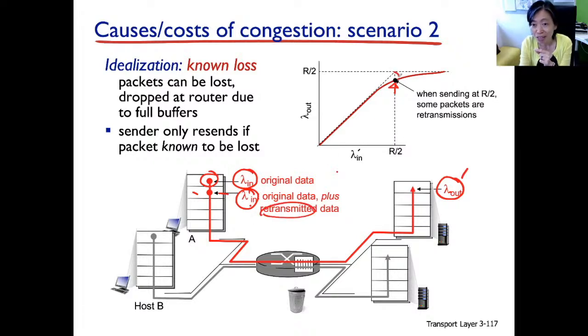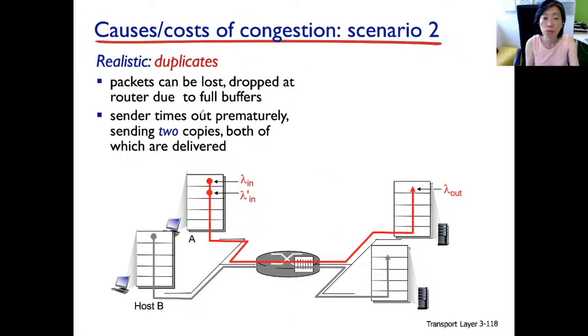So this margin here, unfortunately, is used for retransmission. So the actual amount of data coming out is less than half of R. And you see here the bad thing, number 2: we have retransmissions when there is congestion. To make it even more realistic, we know earlier that when the buffer is full, the packet can be lost.